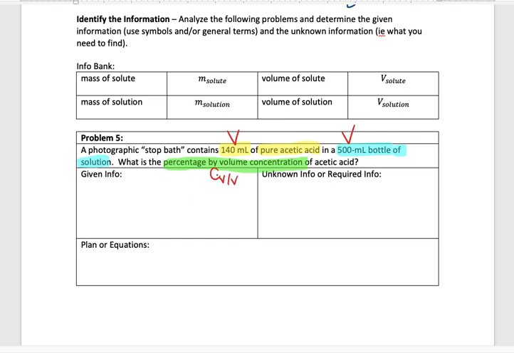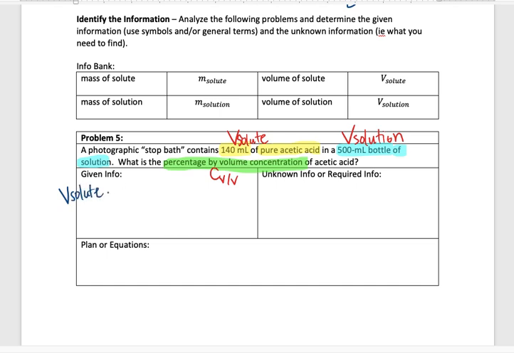In this case, we have the 140, so I'm going to call this the solute volume, and this will be the solution volume. So dissect that problem, dig the stuff out. Maybe get in the habit of doing this, and once you get better at solving the problems, you can stop doing this. Right now, let's just list off everything we have.